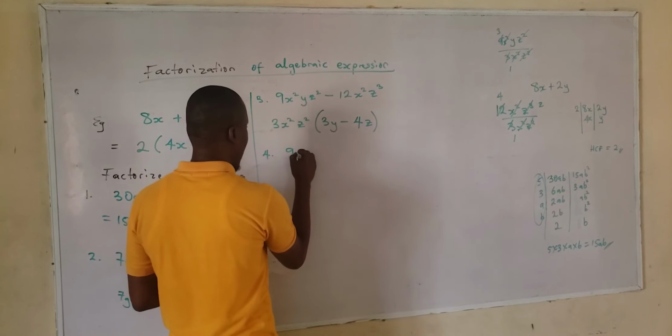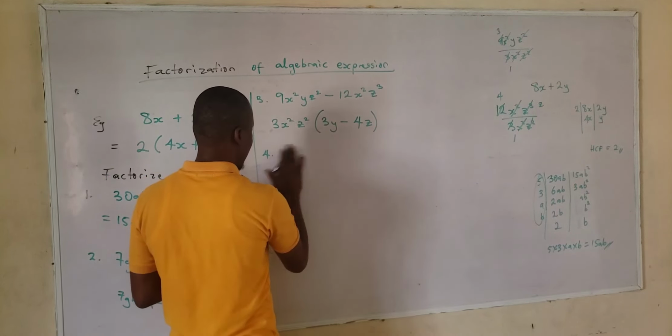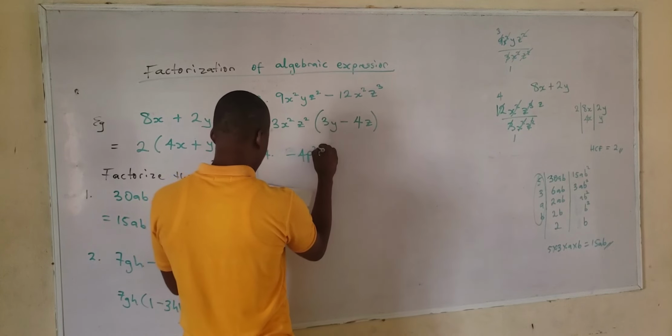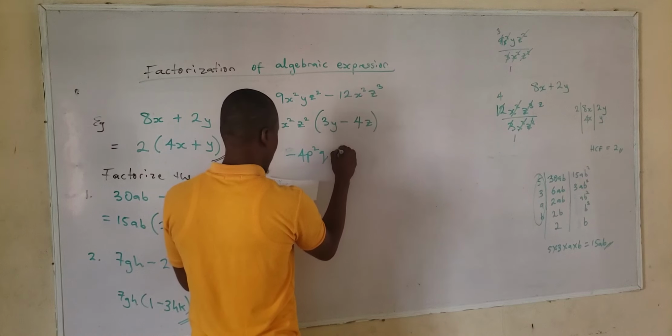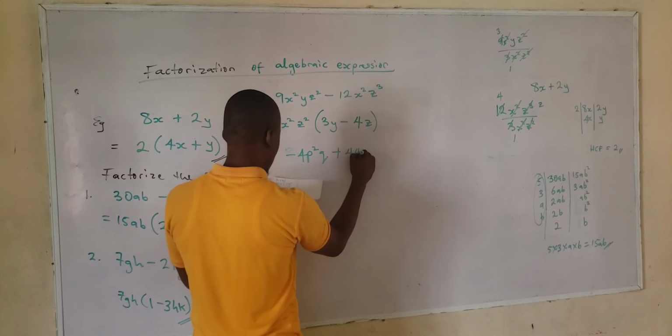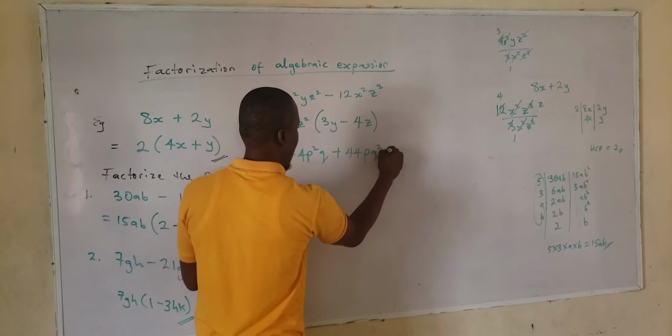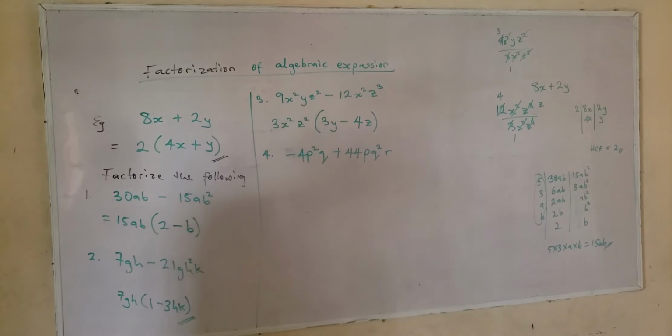Let's have minus 4p square q plus 44pq square r. Now, look at this problem that we have there.